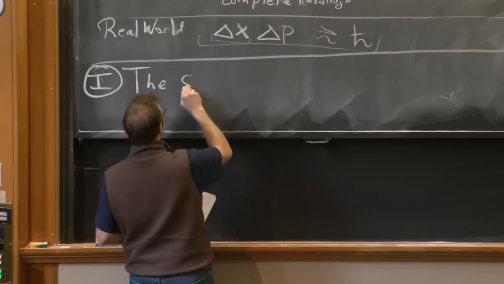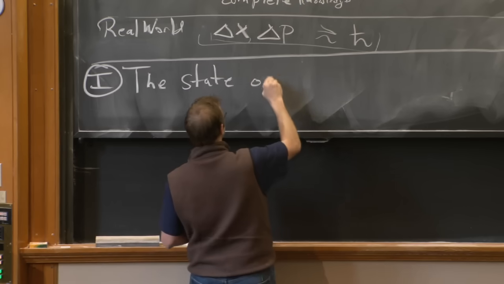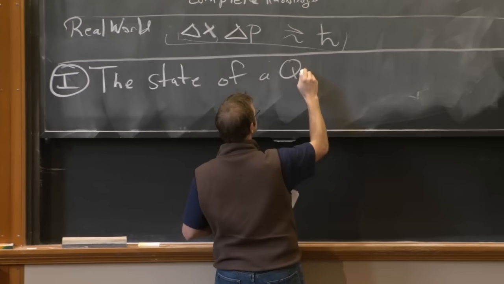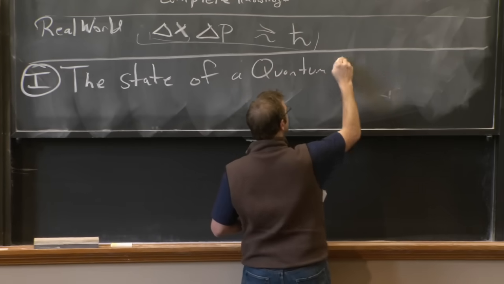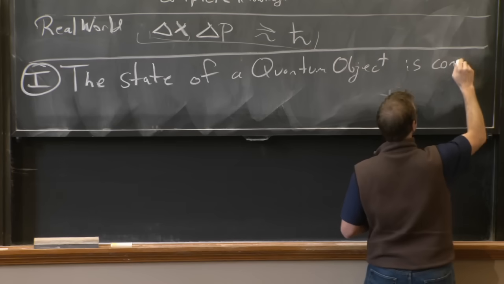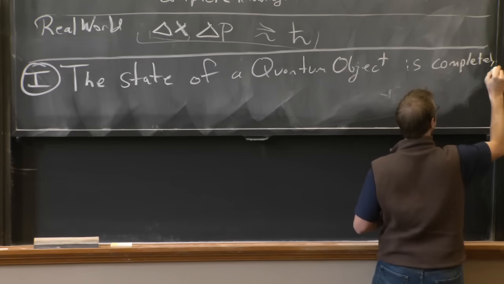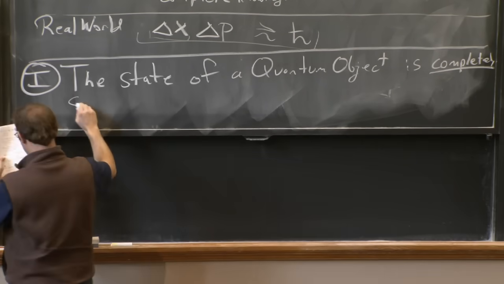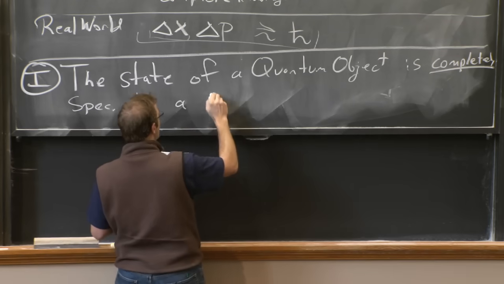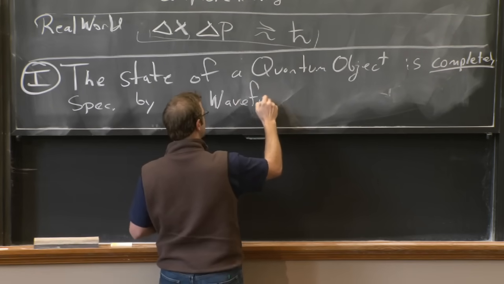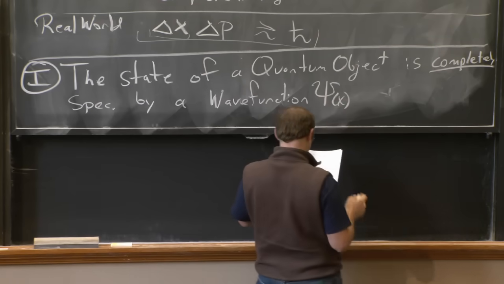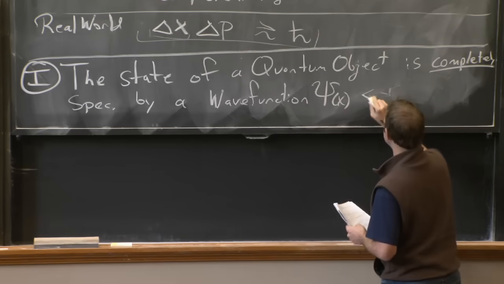The configuration or state of a system, and here I'm, again, just for simplicity, going to talk about a single quantum object, is completely specified by a single function, a wave function, which I will denote generally psi of x, which is a complex function.